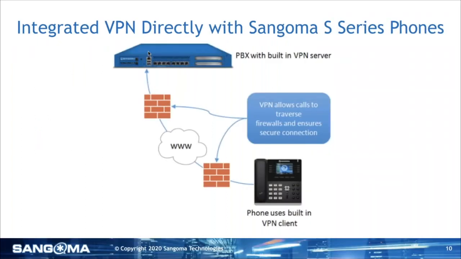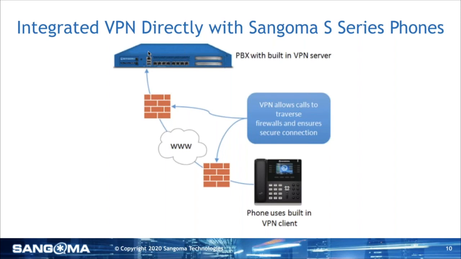Now, the best, simplest, and most secure way to set up a remote phone is if you're using one of our Sangoma S-Series phones. We have a number of good reasons why you would want to choose Sangoma phones when you're using FreePBX and PBXact. One of the key ones is for remote phones.